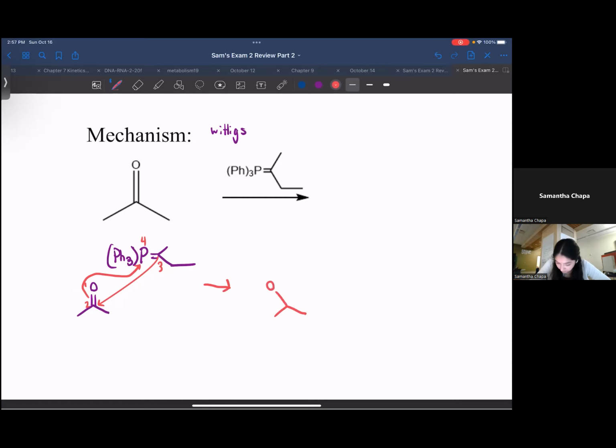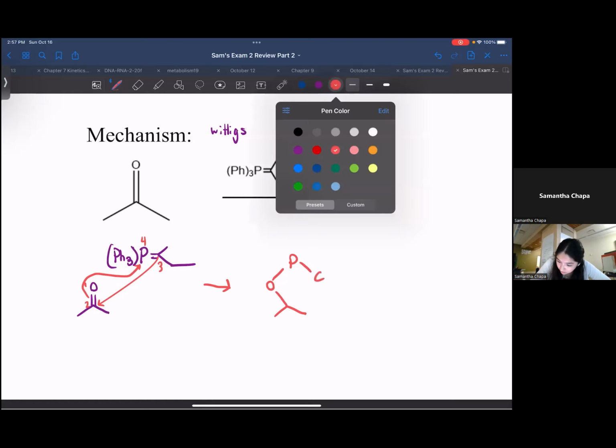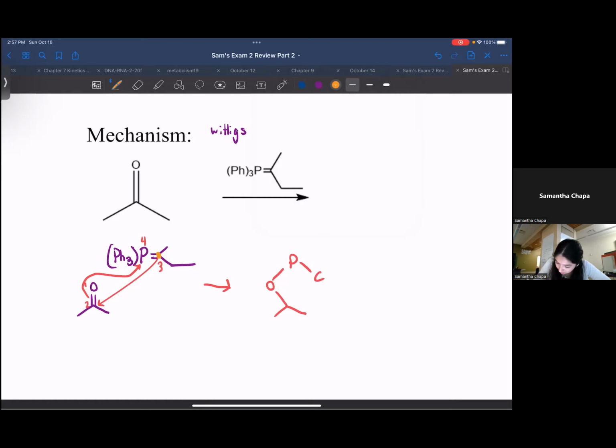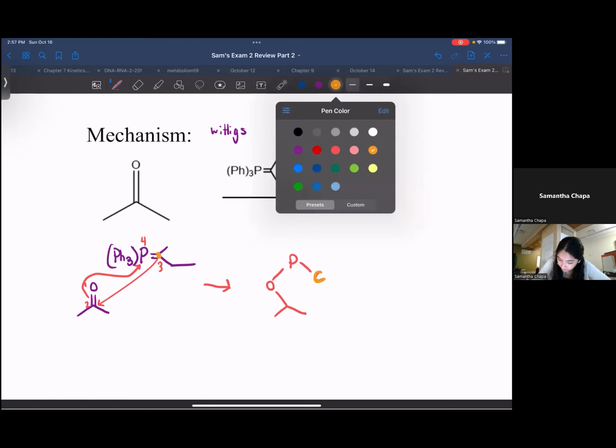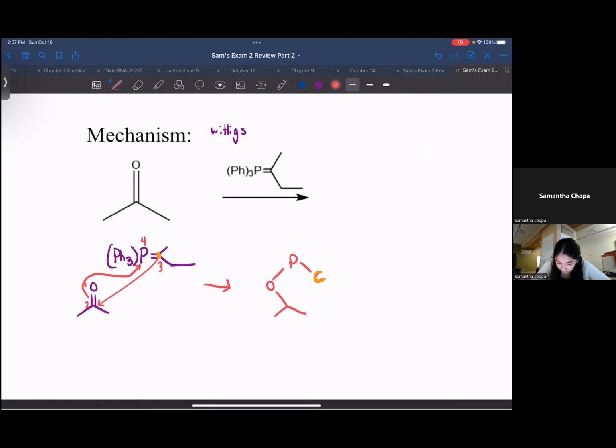So now I have an oxygen bond to my phosphorus. My phosphorus is bonded to this carbon right here. And my carbonyl carbon is going to be attached to the ylide carbon. And we form like a box, right? So right now we form the base structure.